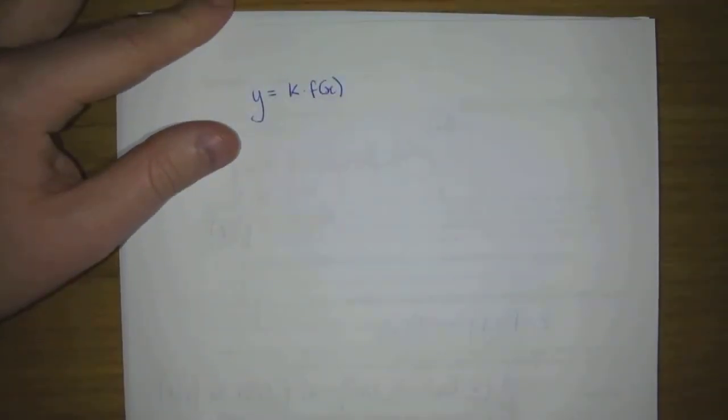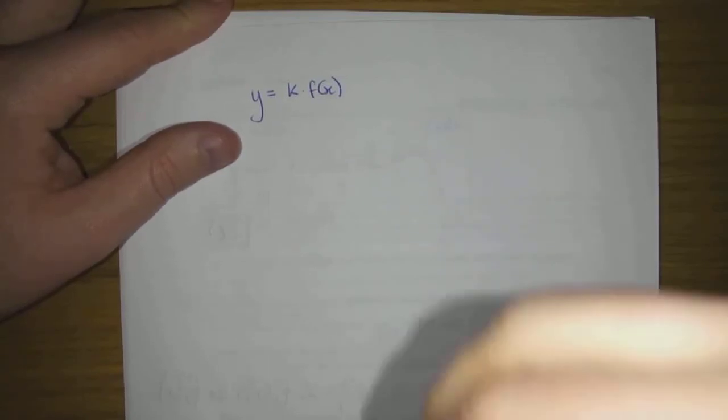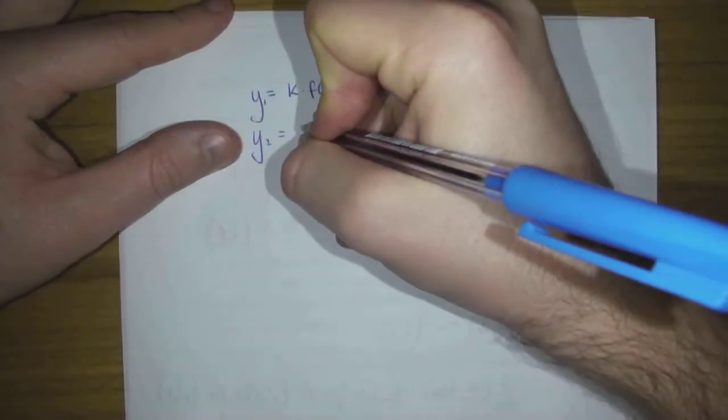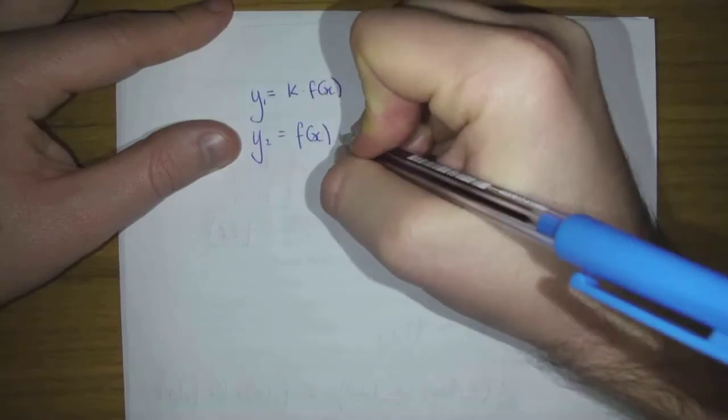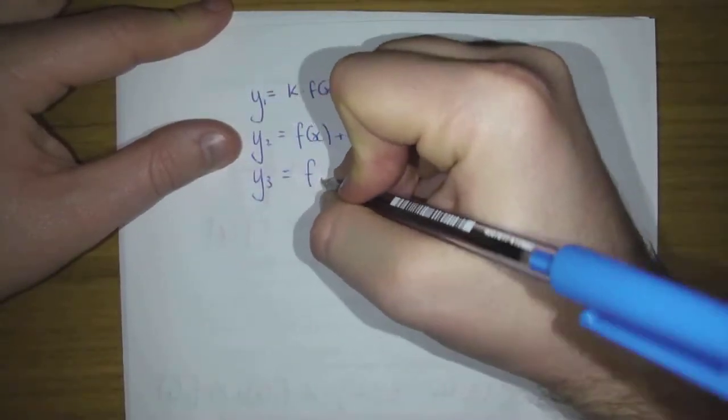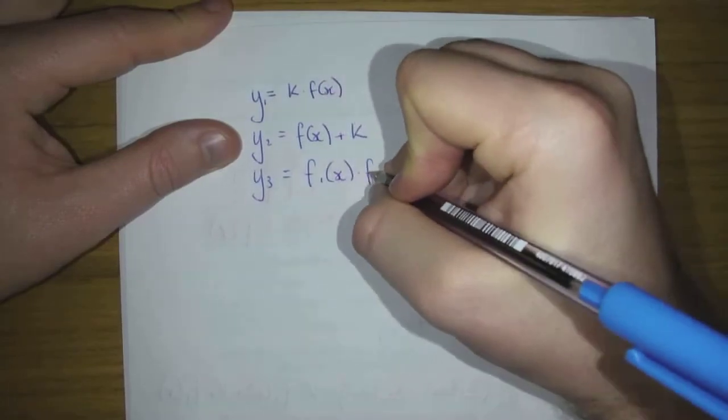I'll call that y1. y2 then would be f of x plus a constant, and then we're going to have a third function y3, which would be two functions multiplied together.